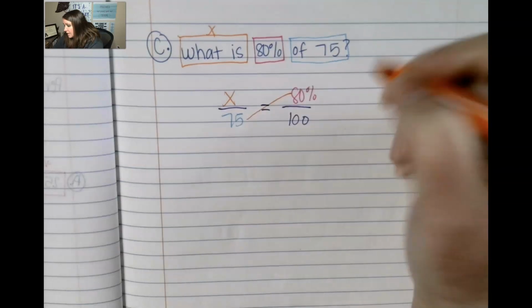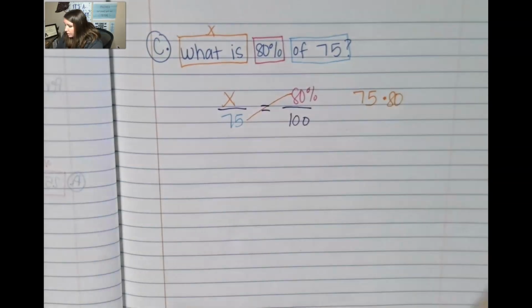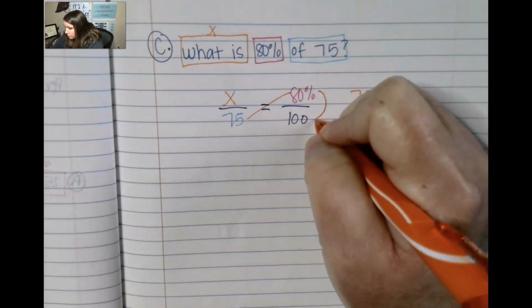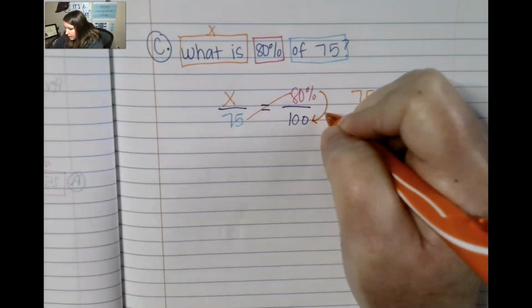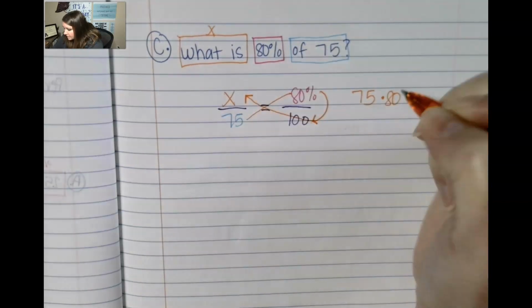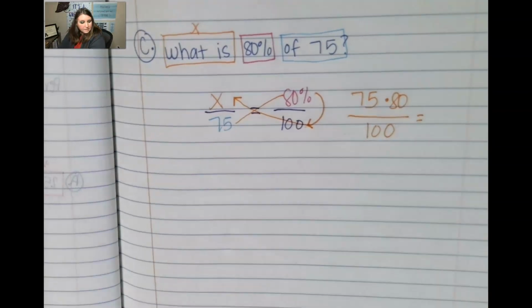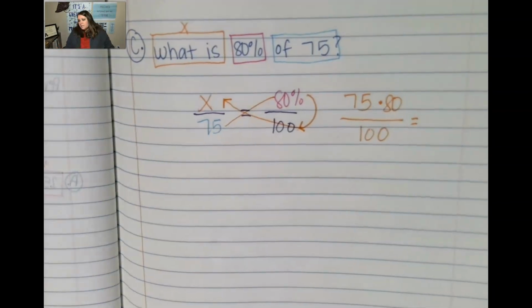75 times 80, divided by 100, because we're going on the bottom so that we can get to our x. All right, 75 times 80.